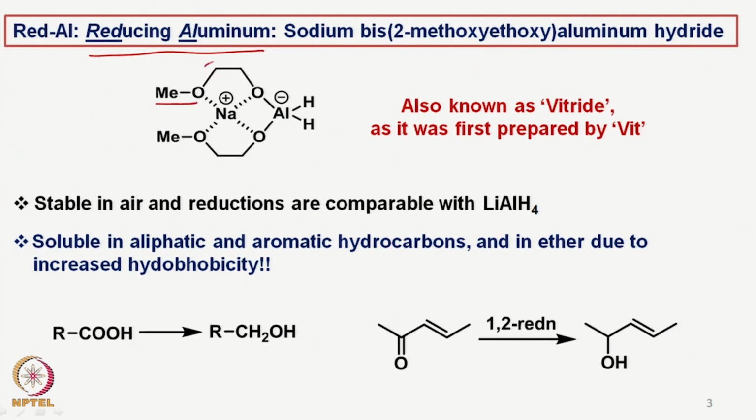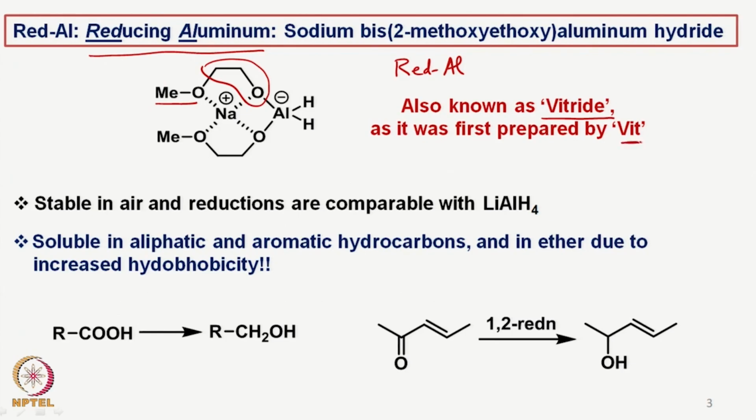This part is methoxy, ethoxy, and an aluminum hydride. It exists as sodium bis(2-methoxyethoxy)aluminum hydride, which is known as Redal, and also it is called Vitride, by the name of its discoverer, Witt.